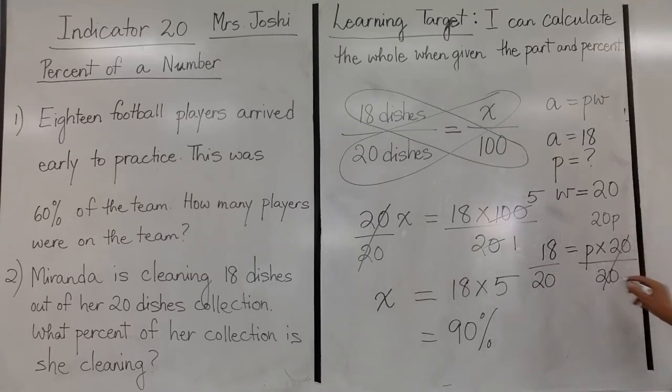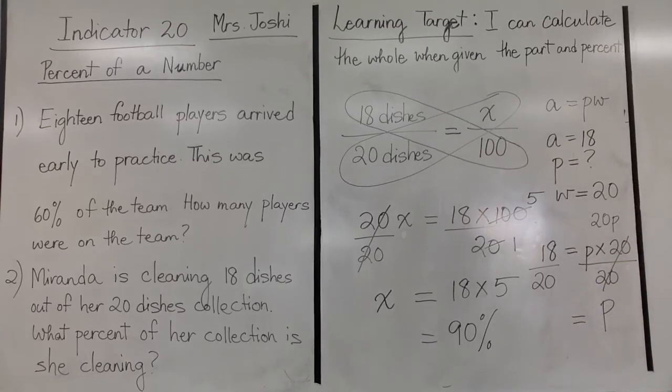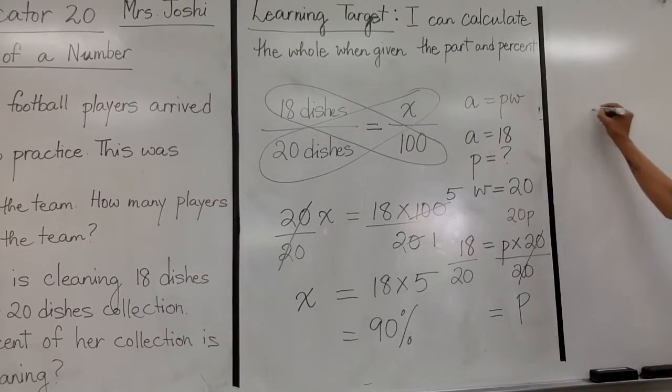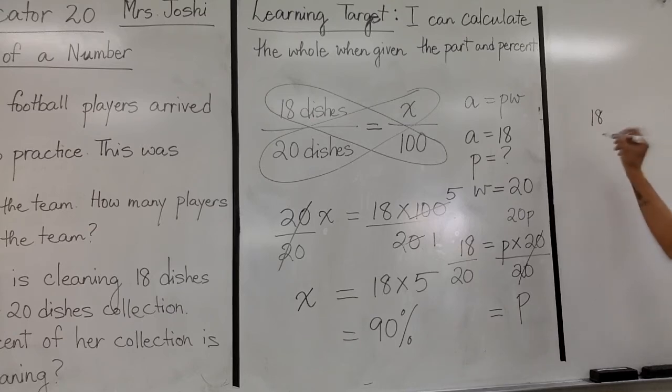And so my percentage is equal to 18 divided by 20. Let me see where the camera is going to turn a little bit here. Okay, so if I divide 18 by 20, remember to put the decimal behind the whole number so you know where the decimal is going to go. Decimal above decimal.